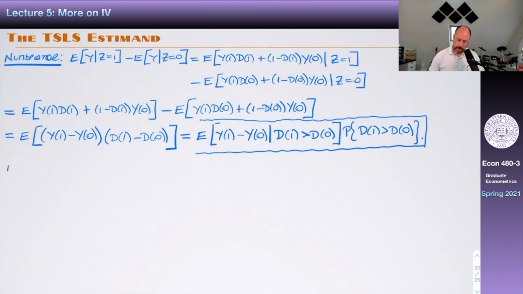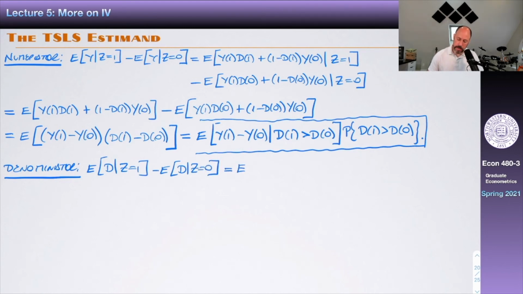Now the denominator is actually simpler. It's expected value of d conditional on z equals 1 minus expected value of d conditional on z equals 0. And this is expected value when z equals 1, then this is d1.